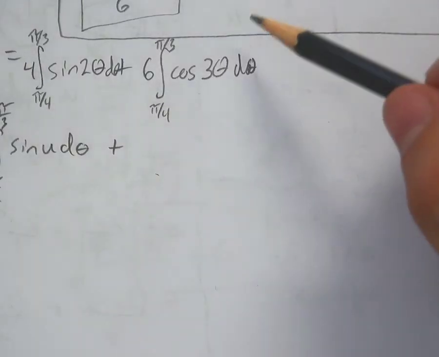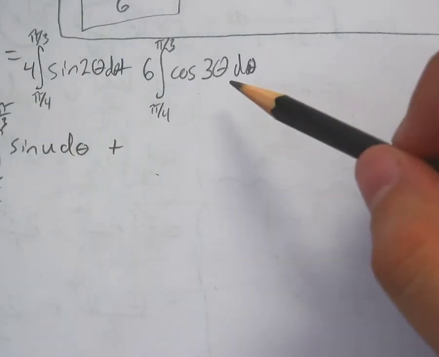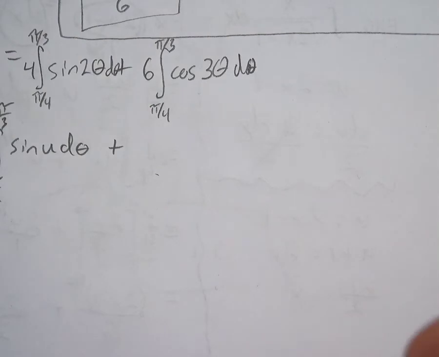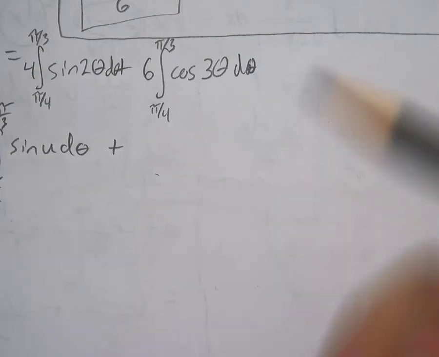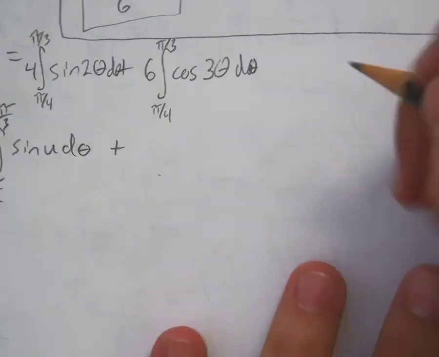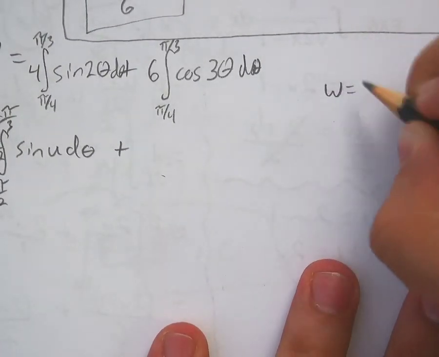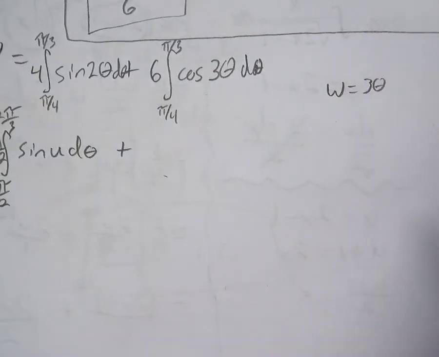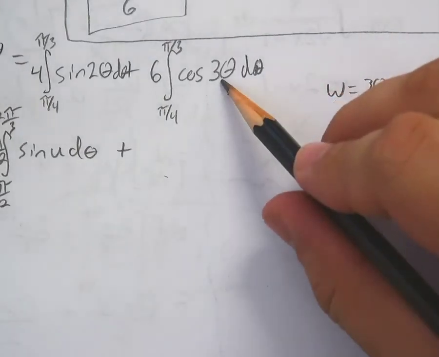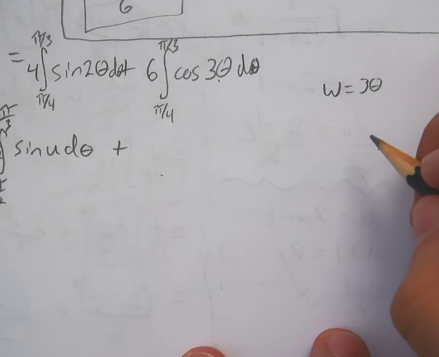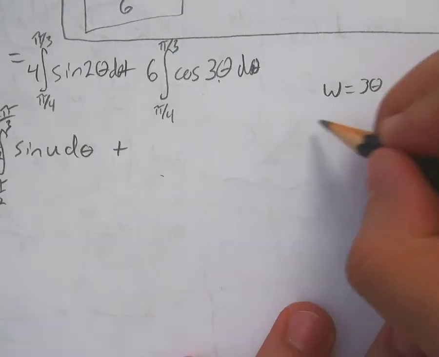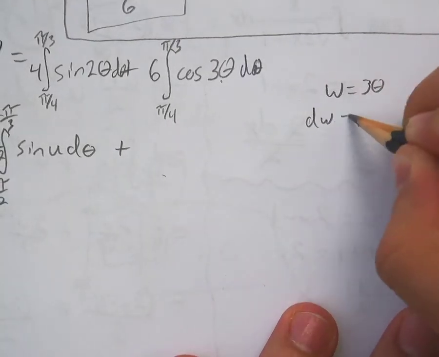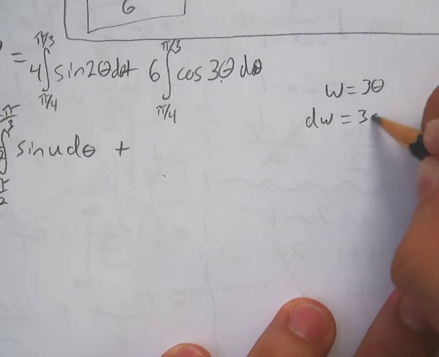Now this guy, if I do another u substitution, again, going back to the alphabet, u cannot mean two different things in the same question. So I'm going to call this one a w substitution. I'm going to call this one w is 3 theta. Right here, 3 theta. All right, so my dw is equal to 3 d theta.